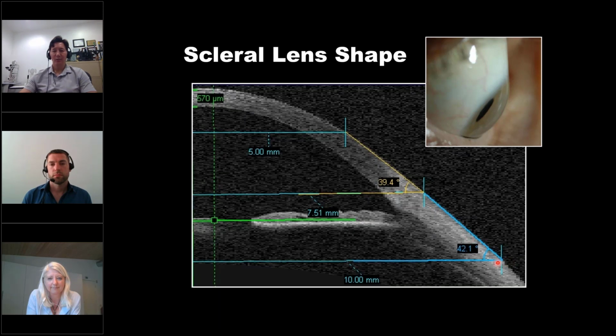So we get these angles that form where the cornea may not be described as a curved shape, but more so as a tangential shape. And this has been well documented.